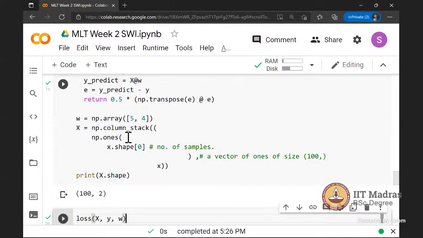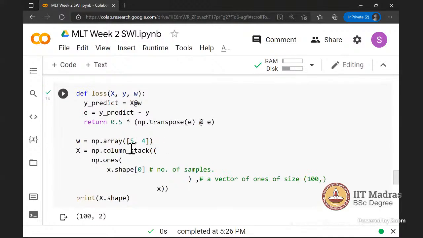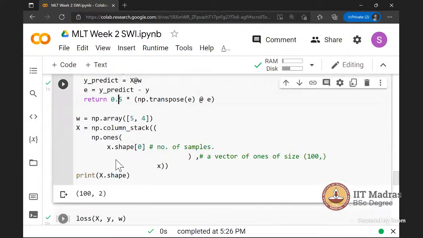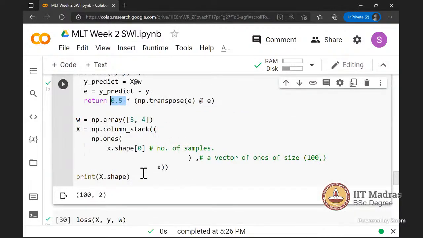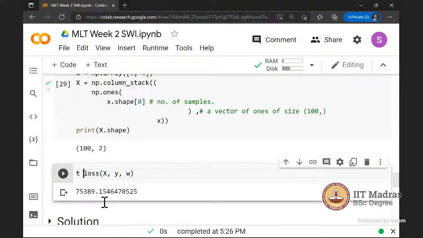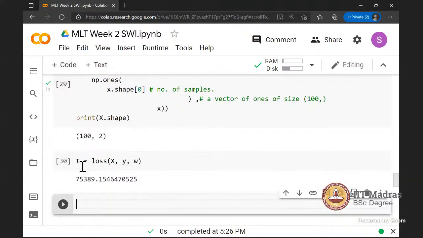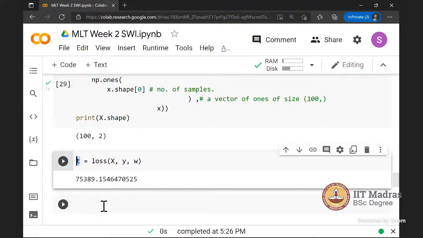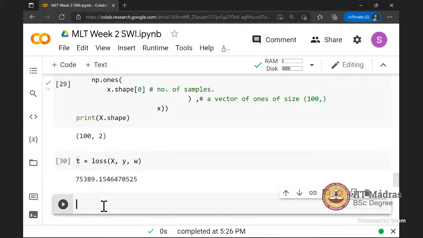Okay, so if I multiply by 2, divide by 100 and then take the root of that, I'm going to get the root mean square value. So let me copy this into some variable which is t. How can I transform t into the root mean square value? You wanted to convert to RMSE, right? Yes, t into RMSE. np.sqrt of t.